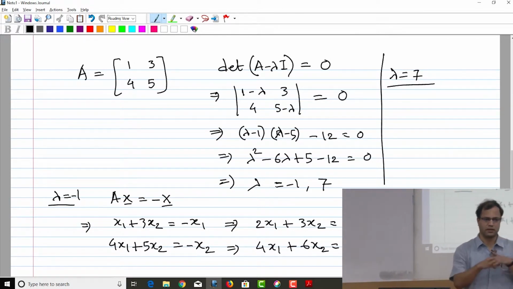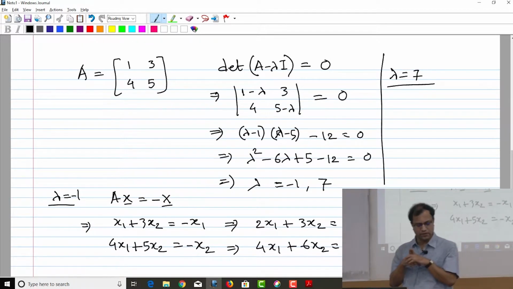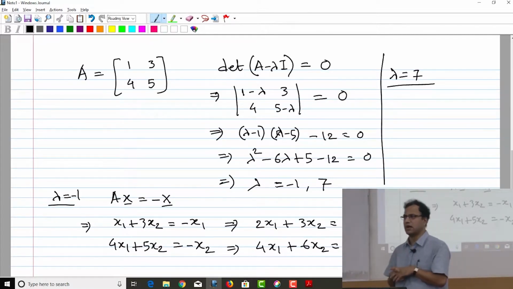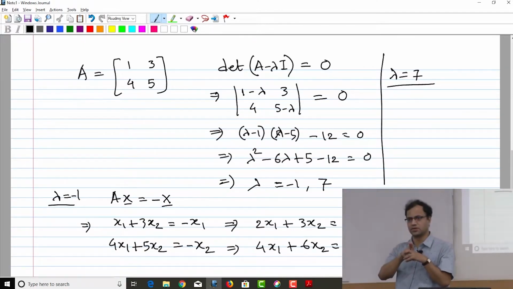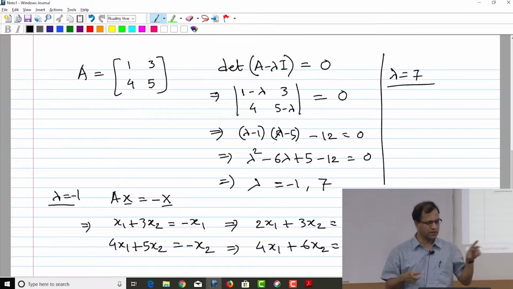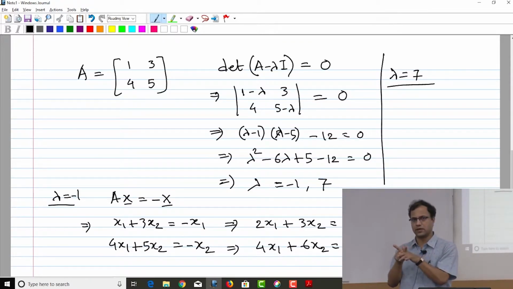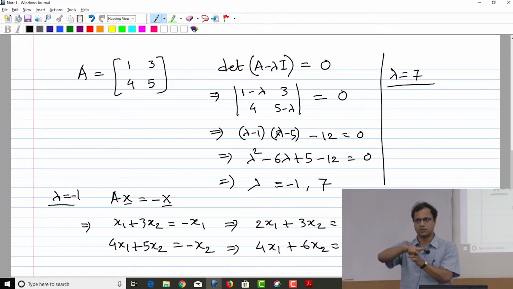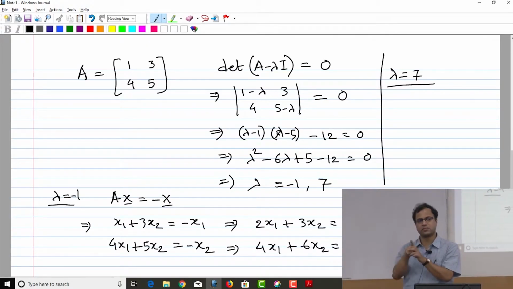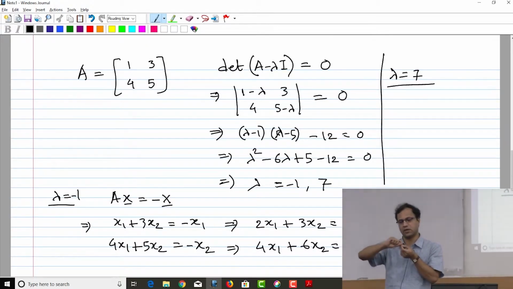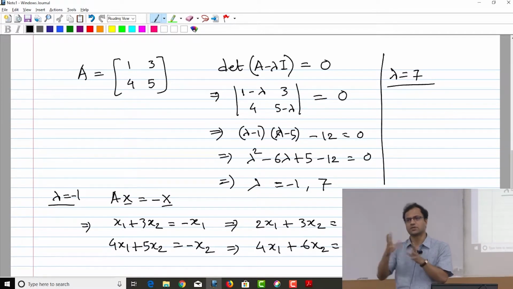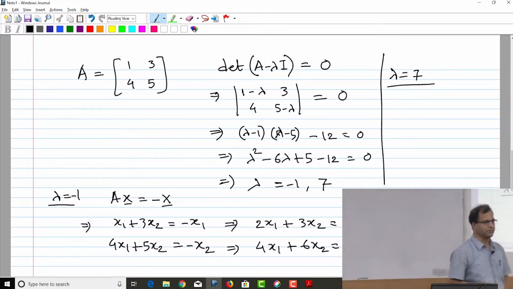You can find eigenvalues for which the eigenvectors will be dependent. Here you are getting two eigenvectors which are linearly independent, which will be spanning the whole space R2, but we can get some eigenvectors which will be just spanning only a line.